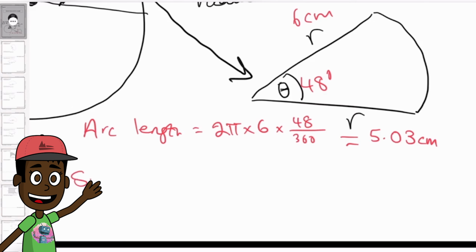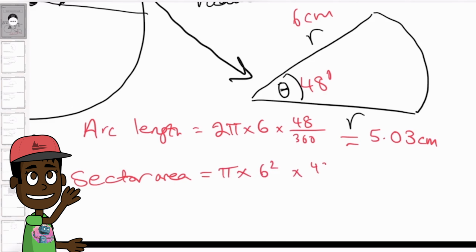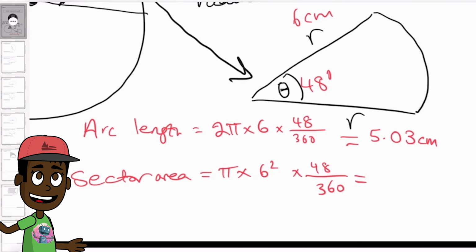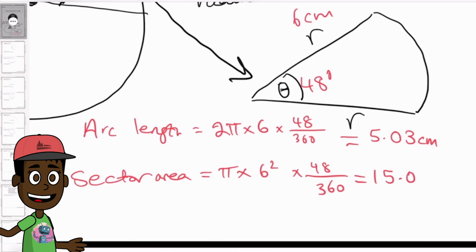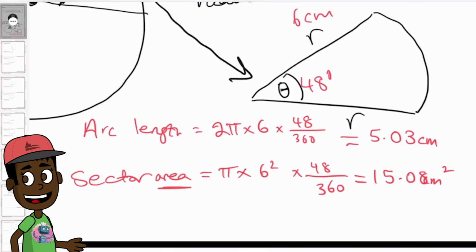But now let's talk about the sector area. As you've seen, it was pi r squared, which is pi times 6 squared times 48 over 360 degrees. And if we also put that in a calculator, that will be 15.8 centimeters squared because of the area.